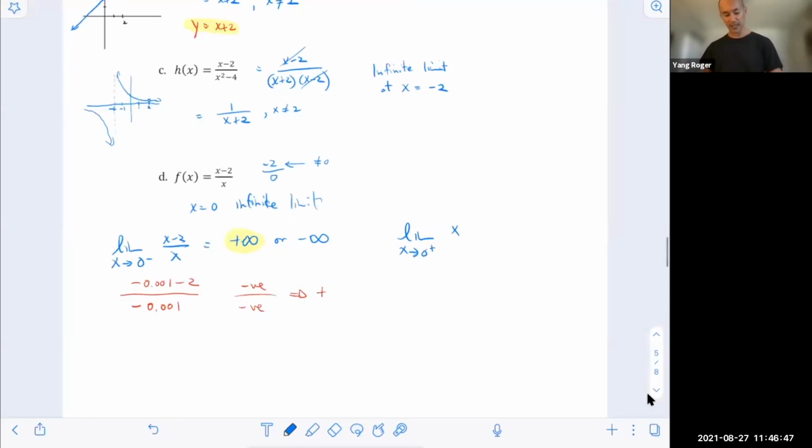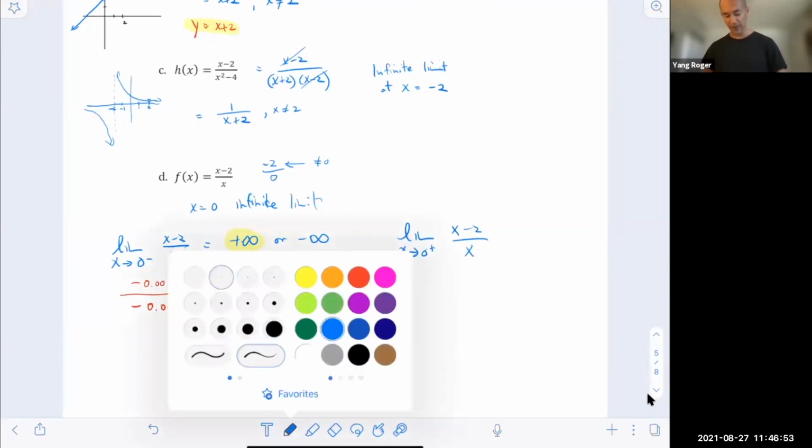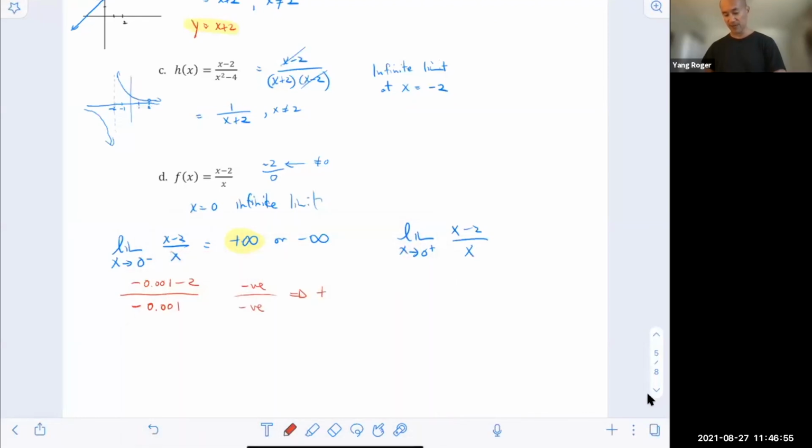Well, in this case, you would have x minus 2 over x, right? The top is still going to be negative because 0 minus 2 is still negative, but the bottom is going to be positive because you're plugging in numbers like 0.001, for example. So a negative divided by a positive would give you negative infinity.